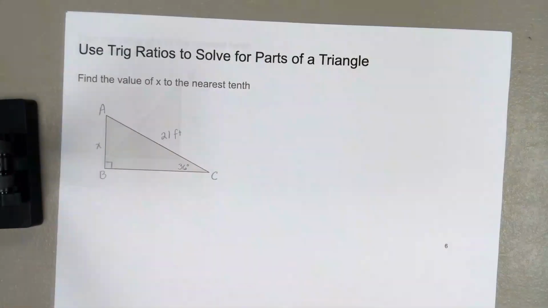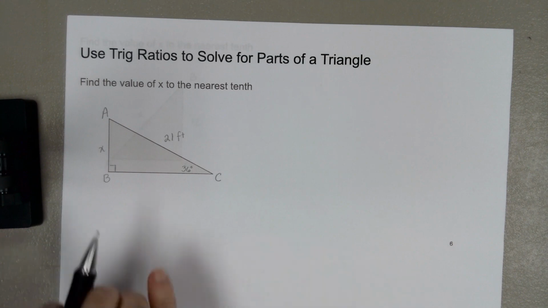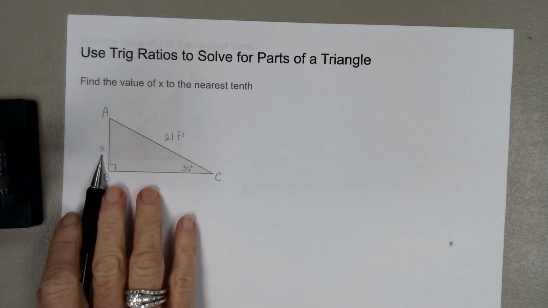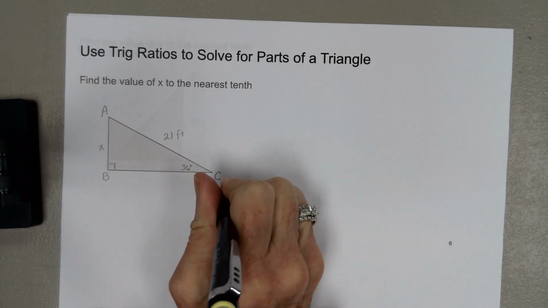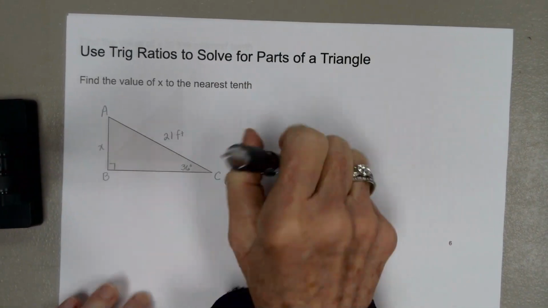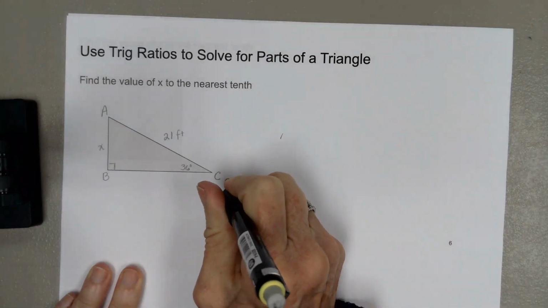Then the other thing that they do is you use the trig ratios to solve for unknown parts of a triangle. So you'll notice that the triangle right there has an x. I don't know what it is. I know this angle, so I'm going to stand right here at the angle that I know. So I'll put my little figurine right here so you'll know where I'm standing.